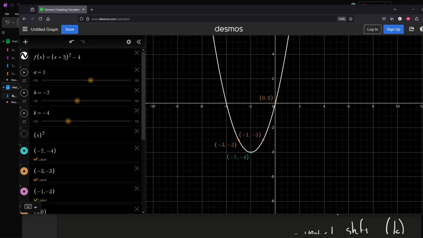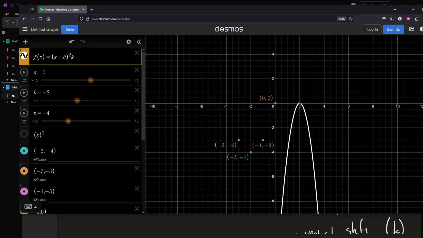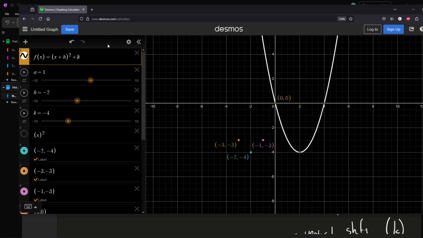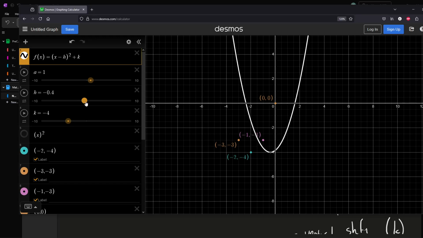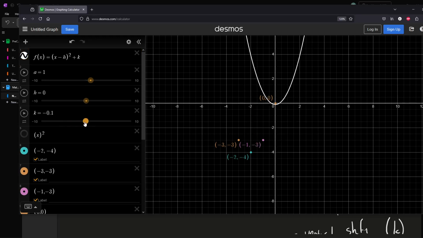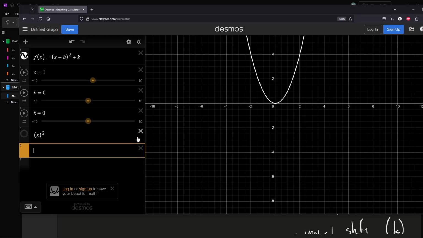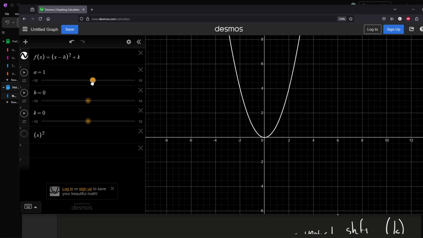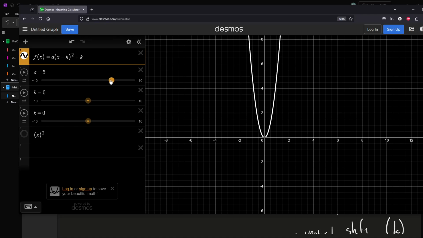Let's change this back into H and K, plus K, minus H. It's still right there. But moving this back down to 0. If A is not 1, if A increases, I start vertically stretching.